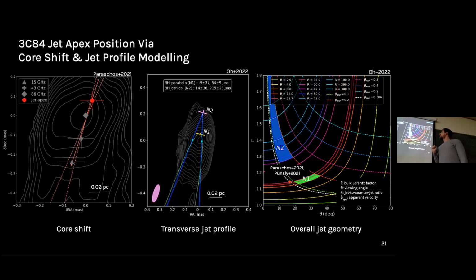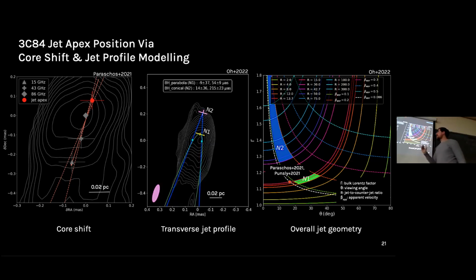Also, looking at the literature from our paper and the previous paper, we can get a measurement of the velocity of the components as well as the jet to counterjet ratio. And then it seems that N1 is closer to this measurement from the literature, which then points to a jet apex being at N1, so that the parabolic fit is more likely.